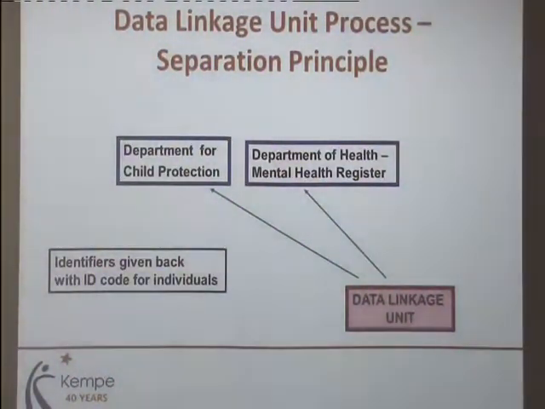So you might get a number back, say 1005, and that would refer to individual number 1005, but it would have no relationship to anything else except for the fact that that number corresponds to the same individual in the mental health database and the child protection database.